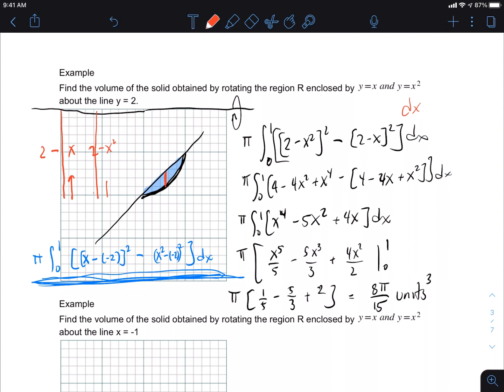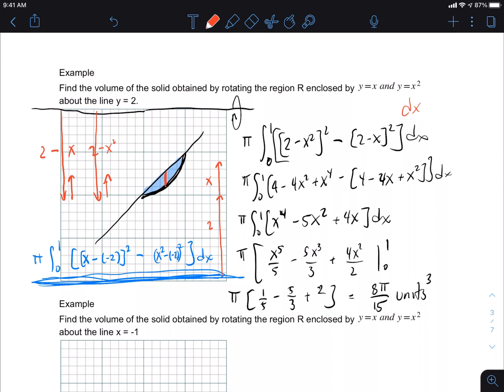See how I'm going this way and then back? Right? In this case, the bottom one, I'd be going this, and then I got to go further. So this would be 2, this would be x, it's got to be x plus 2. Do you see what I'm saying?